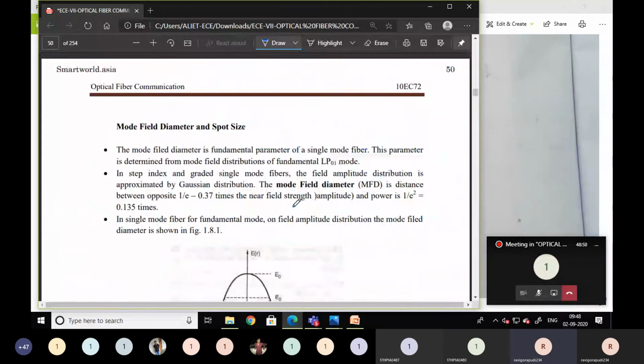Now if you write down the next parameter, MFD, mode field diameter. Mode field diameter. Mode field diameter. Make it fast.